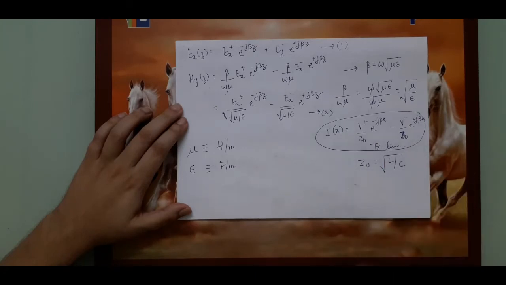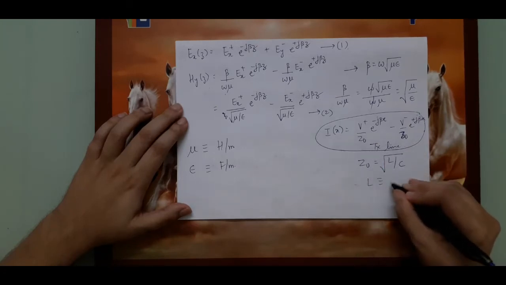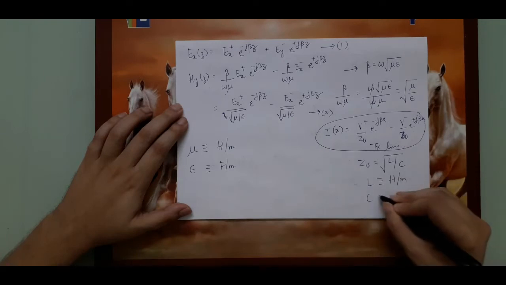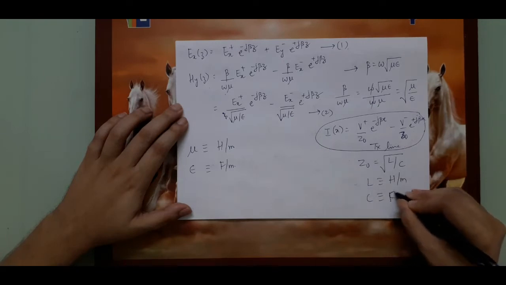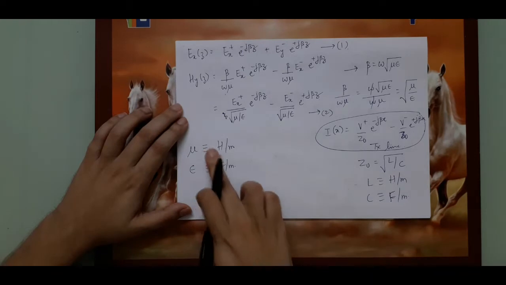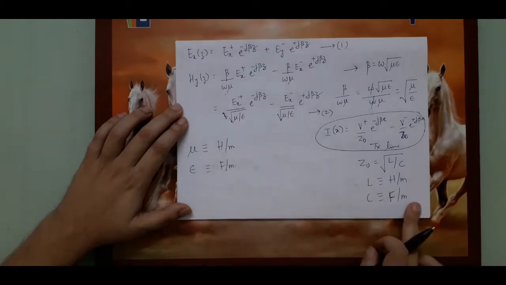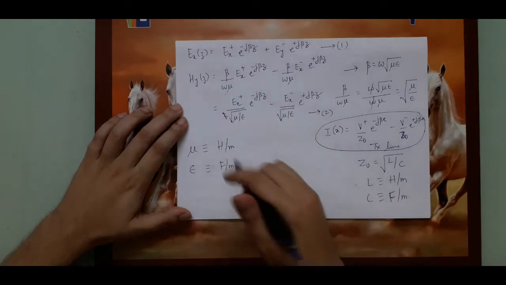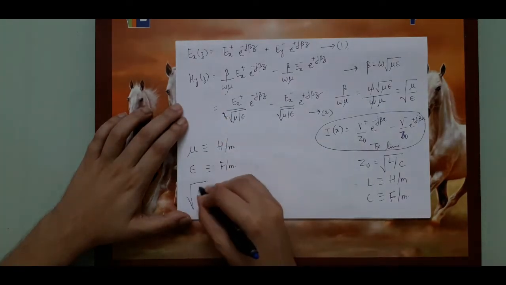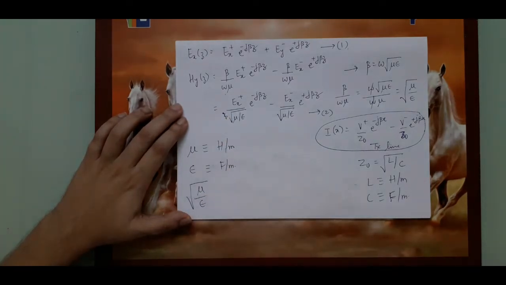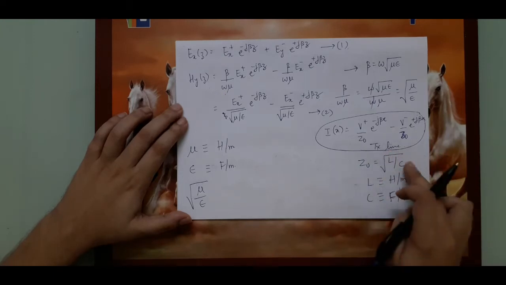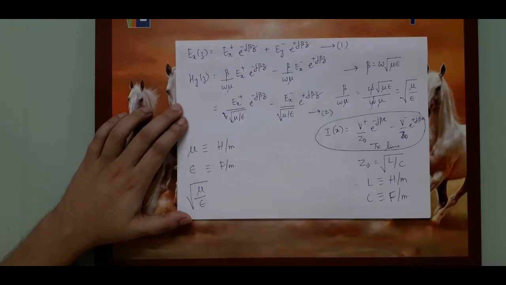Under root L by C, where L was Henry per meter and C was Farad per meter. So now what you see is that they are identical. So what I have for mu by epsilon is very identical to the ratio of L by C under root for the transmission line.